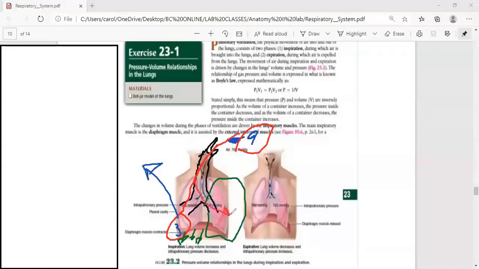It will go from high, 9, to low, 3, and that's how the air goes inside. Obviously, common sense tells you, how do you think the air goes out of your lungs? Well, the lungs will go back to the original position. Your thorax will recoil back to the original position, diminishing the volume in your lungs. Therefore, the pressure increases, and that's what's going to push the air out.